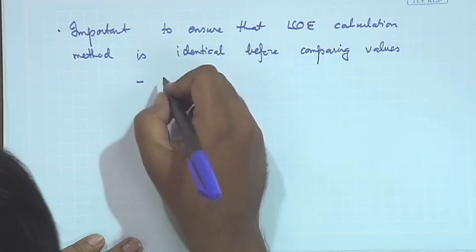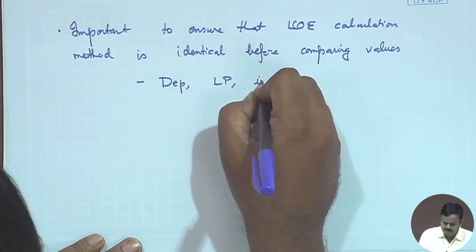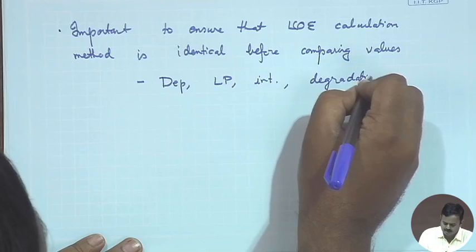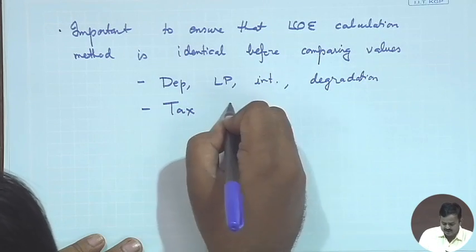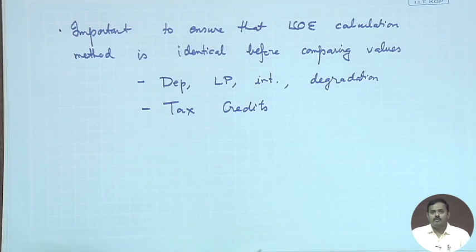Okay. And the example, as I said, was thinking of factors, for example, depreciation, loan payment, interest, degradation, all these are there. One can also say that I am going to put in tax credits for renewable energy, for solar, for wind. Some governments give you tax credits. It is not a discount that you get because you are paying interest.